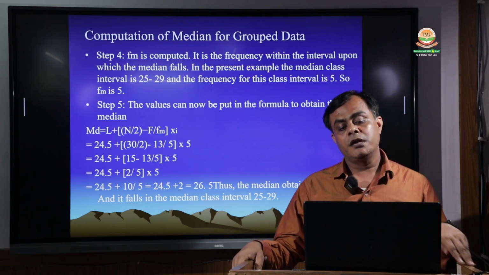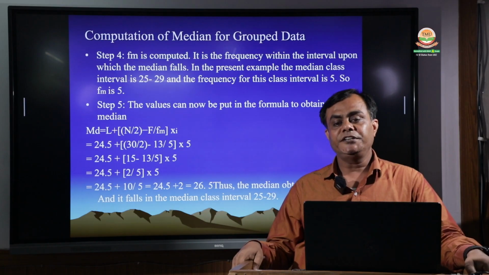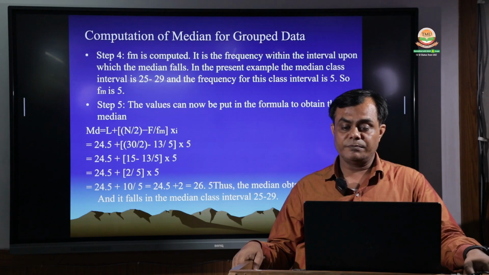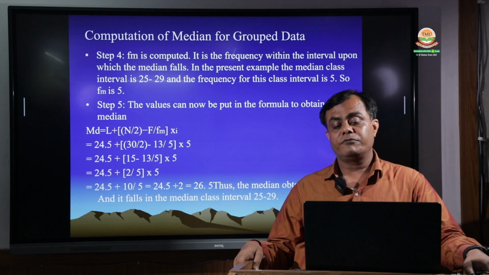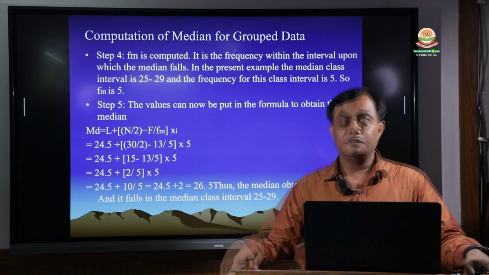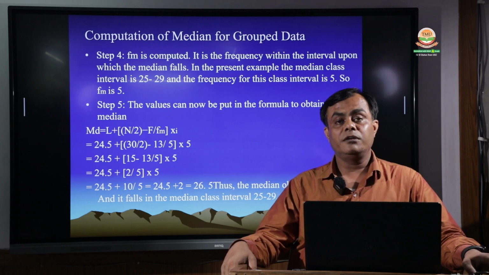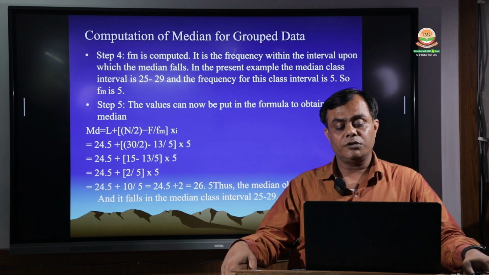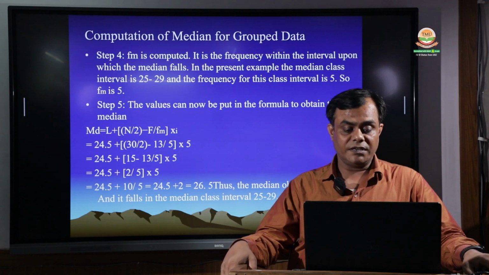Step 4 is fm, the frequency within the interval upon which the median falls. In the present example, the median class interval is 25 to 29, and the frequency for this class interval is 5. Now the formula to obtain the median: median is equal to L plus (n divided by 2 minus f) divided by fm, multiplied by i.